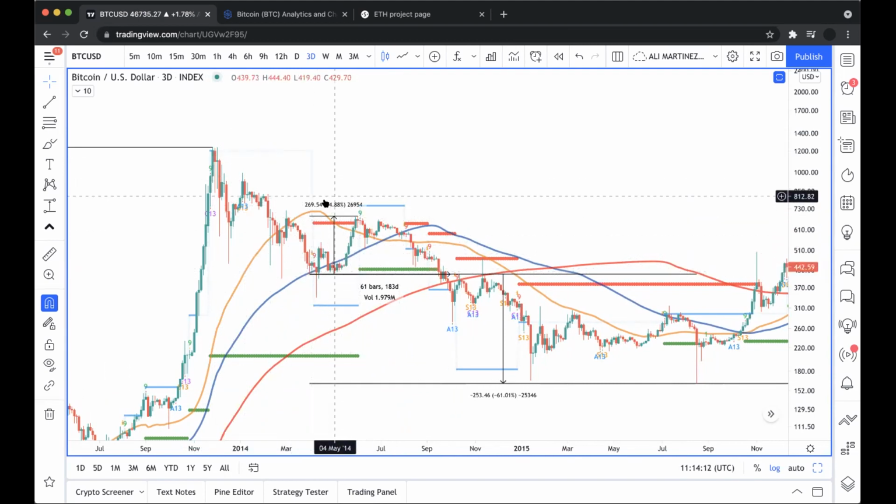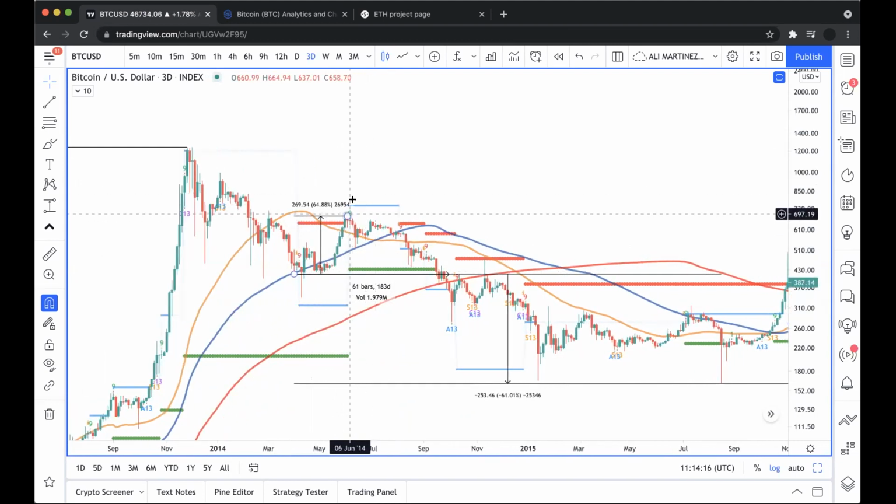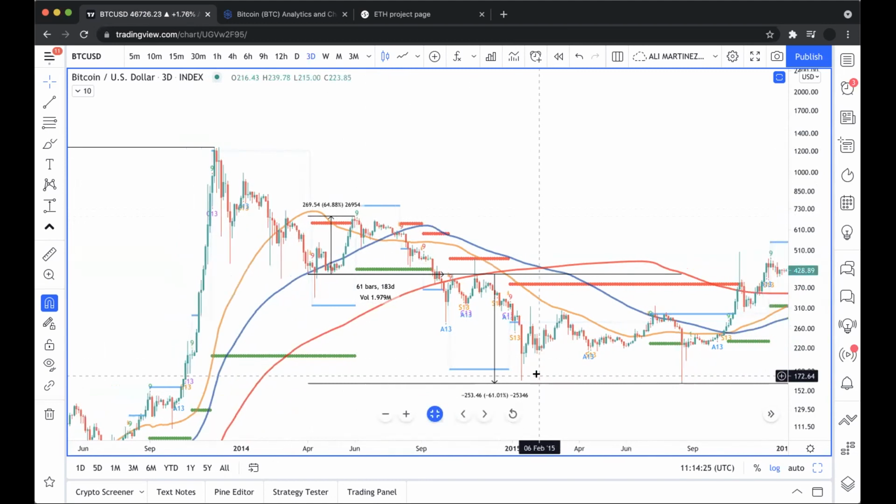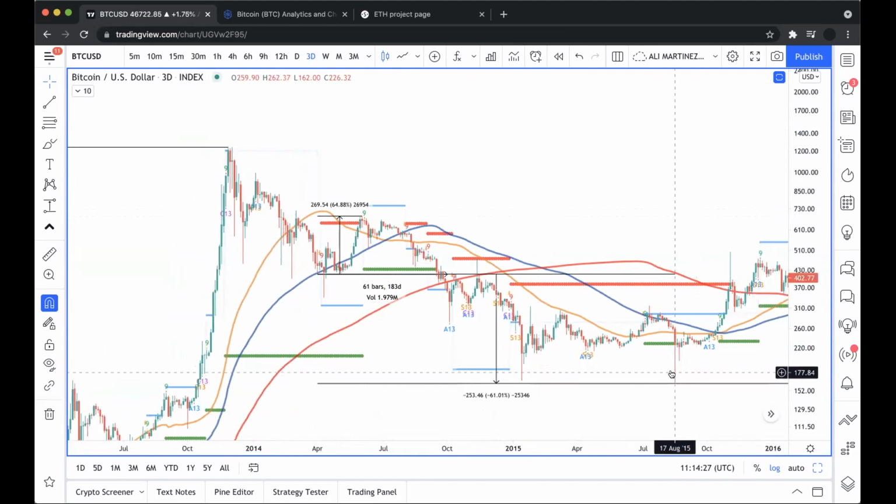Then it rebounded approximately 65%. And then from that point on, we get a sell signal by the TD sequential indicator on the 3-day chart, which then marked the beginning of a new correction, right? Where we could basically bottom in 2015 at around $162, right?